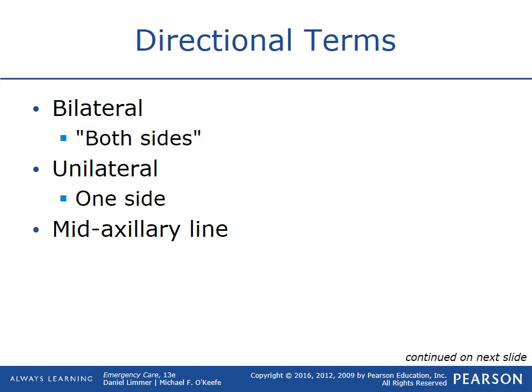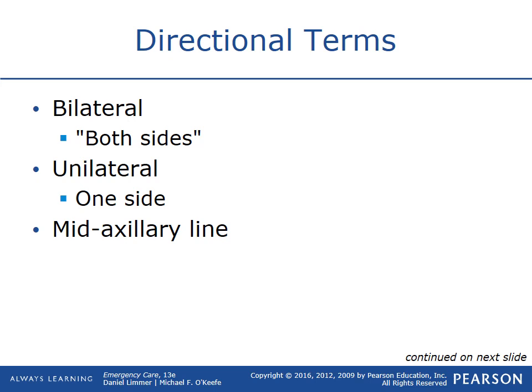The next line that you would think about drawing an imaginary line through the body would be down the side, going down through the armpit. It divides the body into front and back portions.